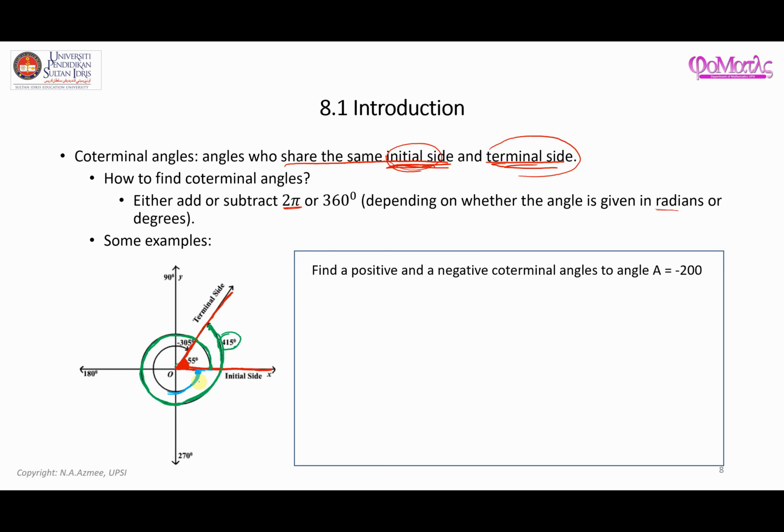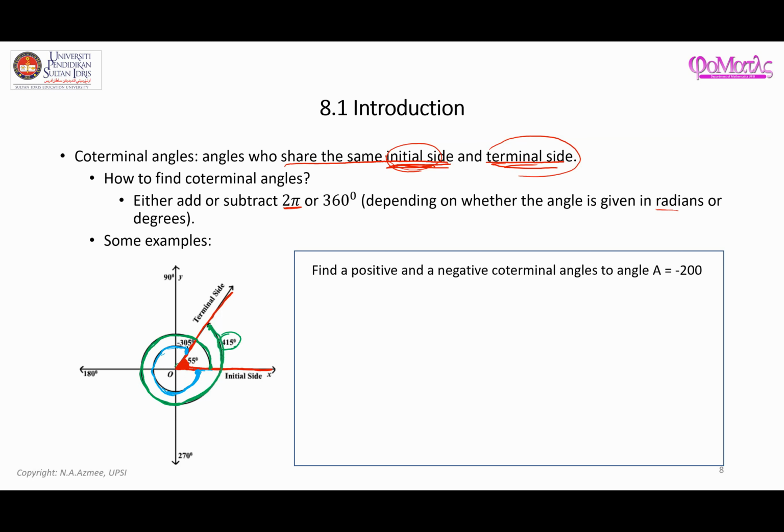It is a clockwise rotation, going some more further up and stopping right there, sharing the same terminal side. This is an angle of negative 305 degrees. Why is it negative? Because it is moving in a clockwise rotation, which is given the notation of negative angle. This is also a coterminal angle to 55 degrees.